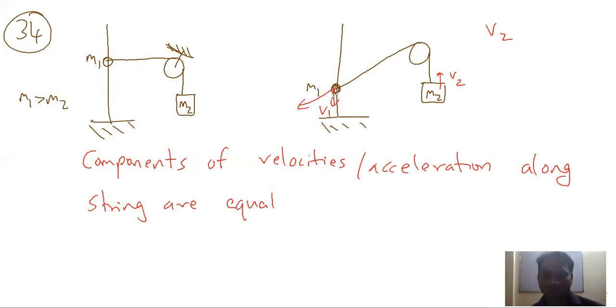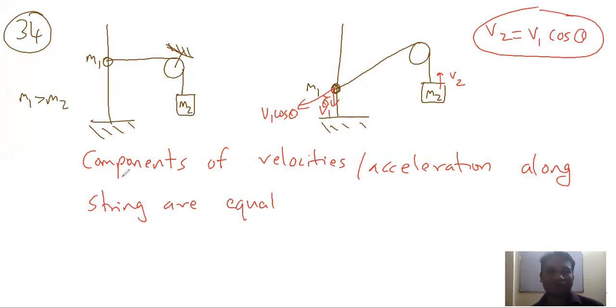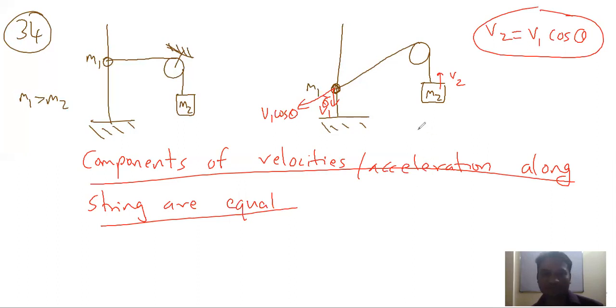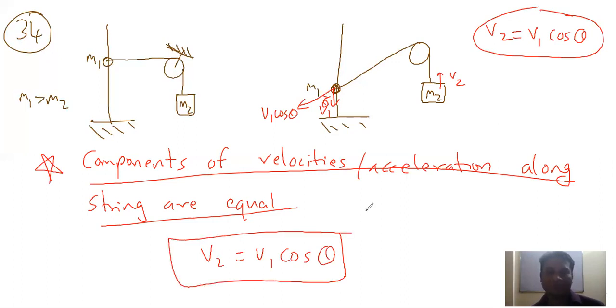Let us do some geometry here and consider this angle to be theta. So this will be V1 cos theta. By the method that components of velocity along the string are equal, we can say V2 equals V1 cos theta. So this is how we'll solve illustration 34.